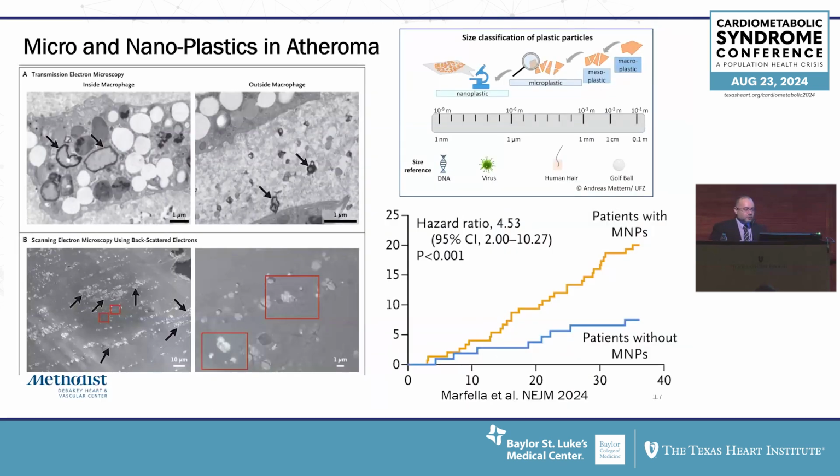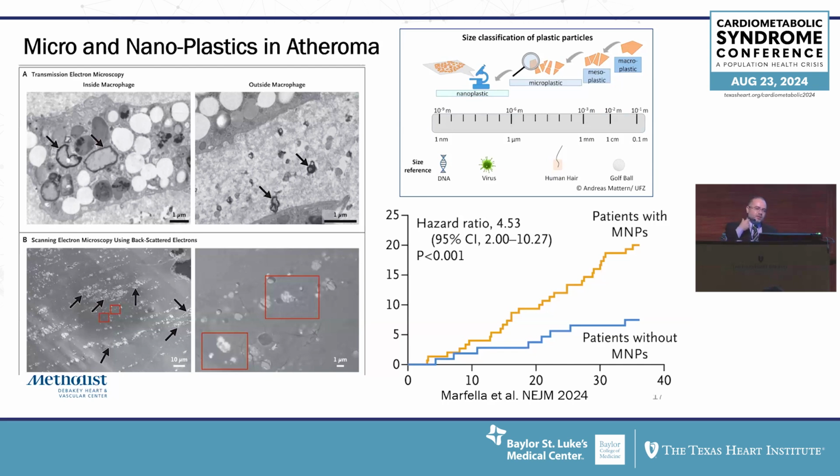One second here about microplastics. I mentioned it earlier. So microplastics and nanoplastics are increasingly being recognized as potentially contributing to cardiovascular disease. This is a recent study from the New England Journal of Medicine from colleagues in Italy that looked at the presence of microplastics. These are really, really tiny, small particles that are available in plastic bottles and things like that, that we find in atheromas.